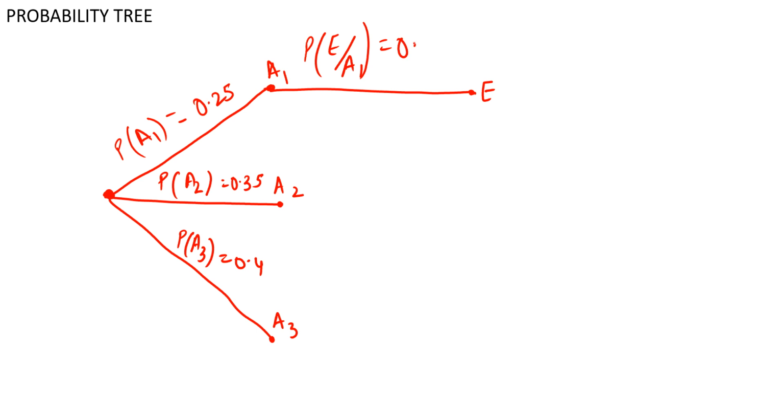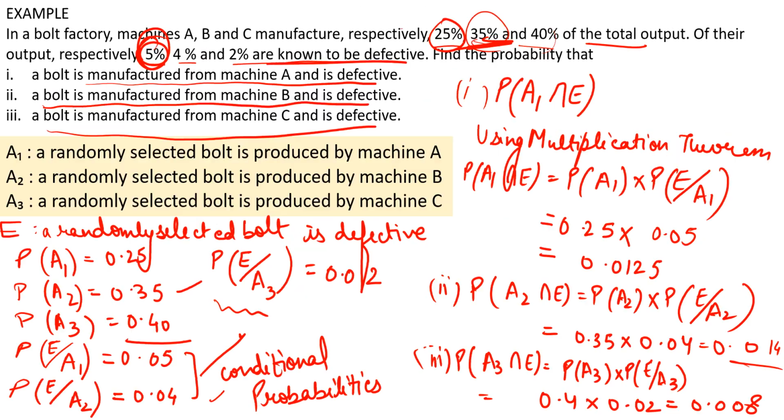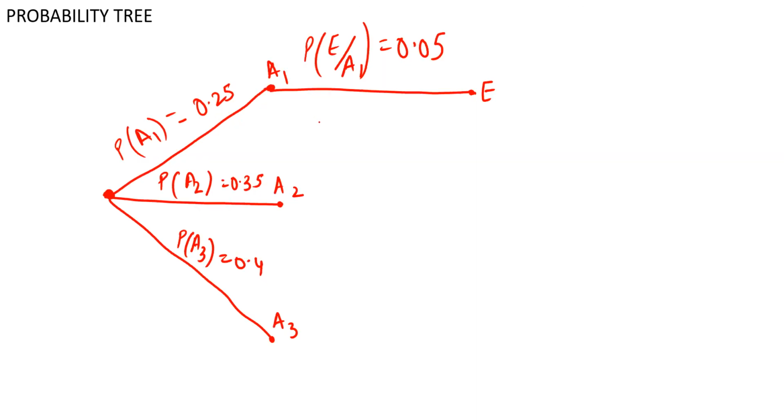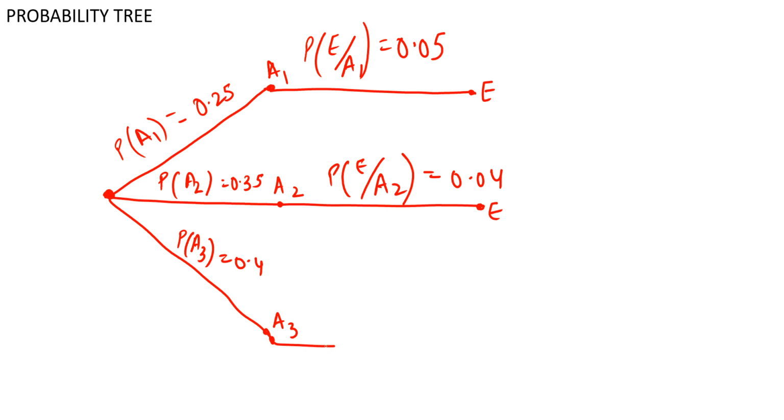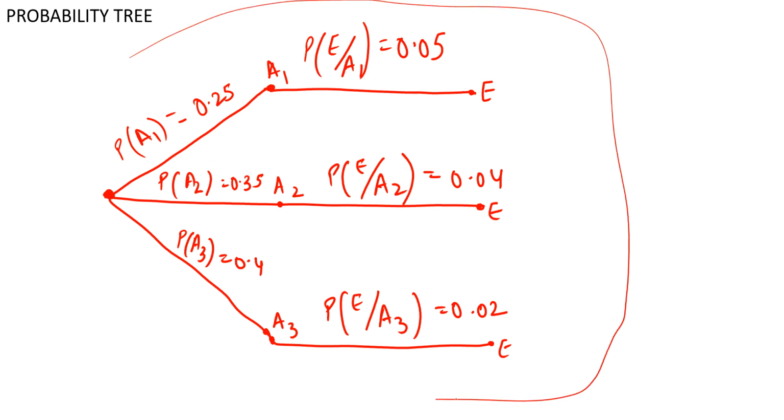This is equal to 0.05. I am simply copying the values from here. And this is the probability of event E given A2. This is 0.04. And this is the third, the probability of event E given A3, which is equal to 0.02. Right? So this entire structure that we have made is known as a probability tree.